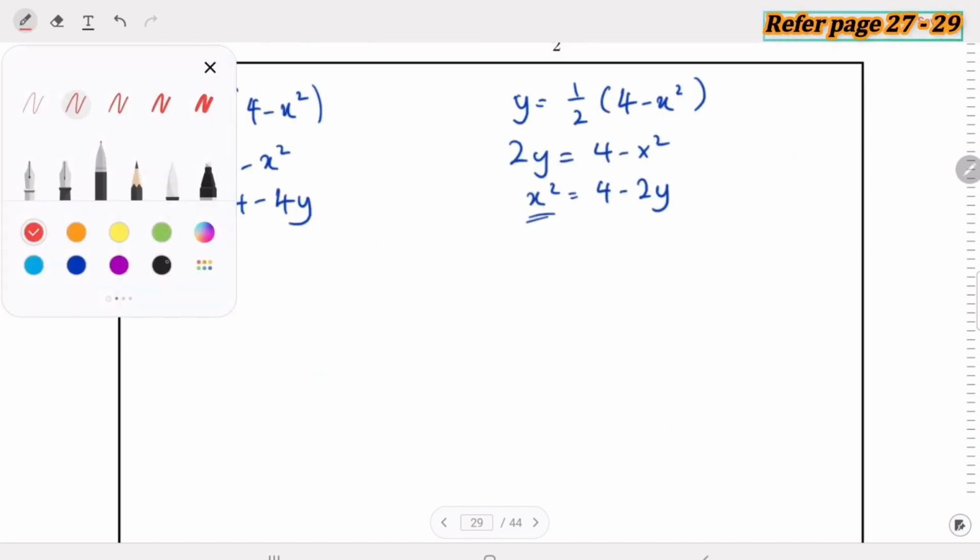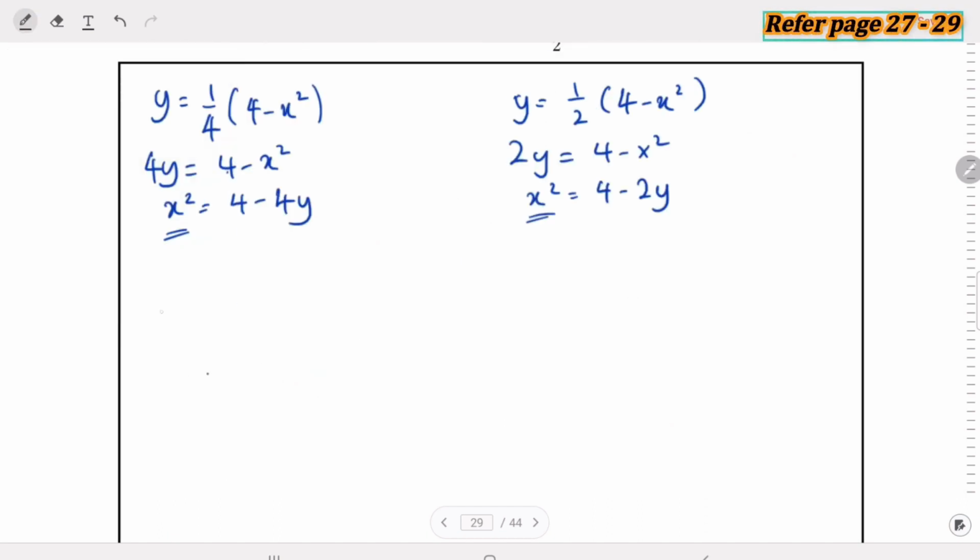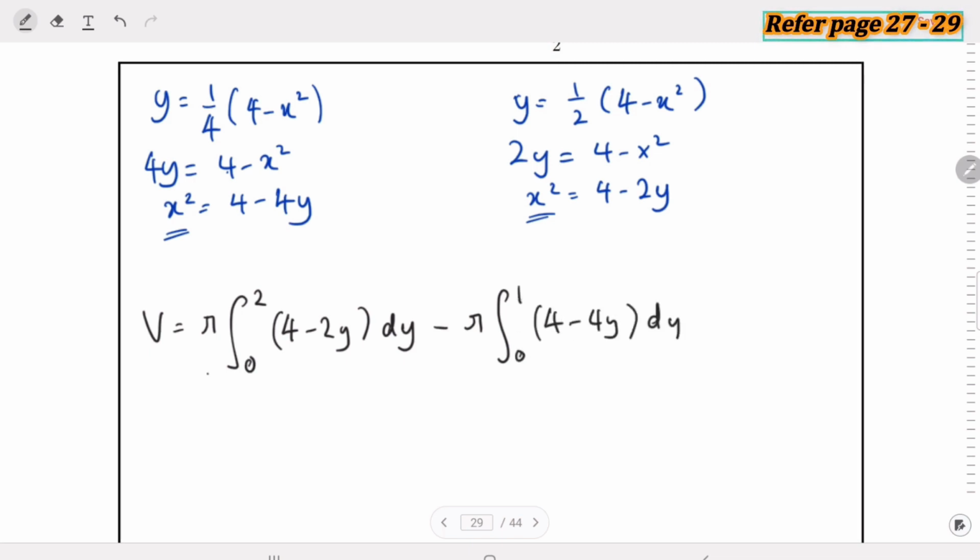So volume equals pi, taking the bigger one from 0 to 2 of the function 4 minus 2y with respect to y, minus the smaller function, pi from 0 to 1 of 4 minus 4y with respect to y. Okay, so this is the formula.